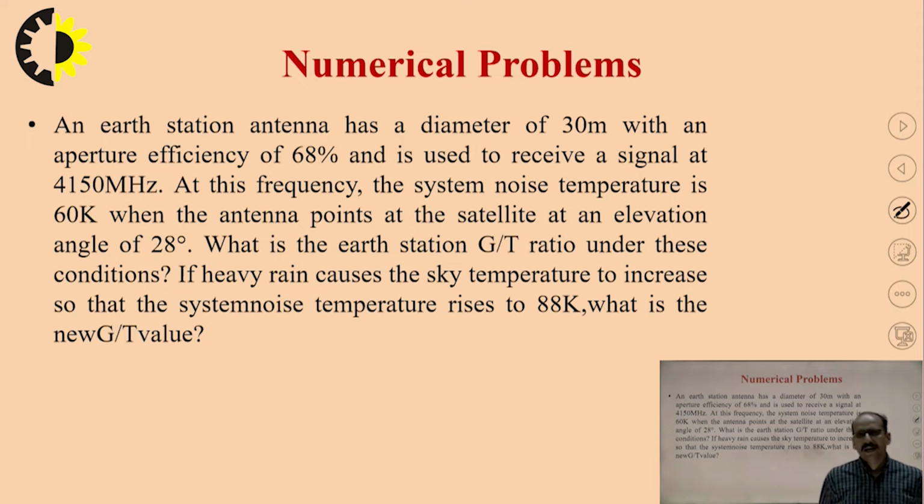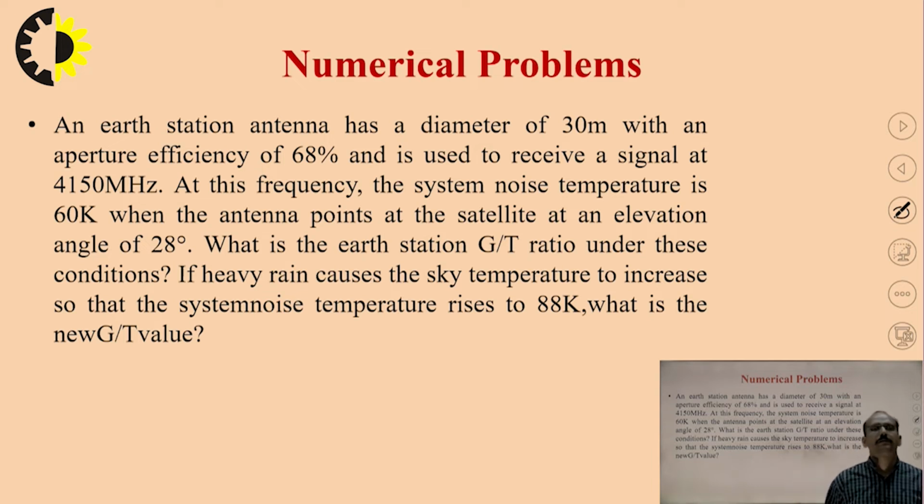As per this discussion, you can easily understand that most numericals that come in university examinations are on the G by T ratio, the EIRP and the loss equation, that is the satellite link equation, and all of these are used for numerical problems.